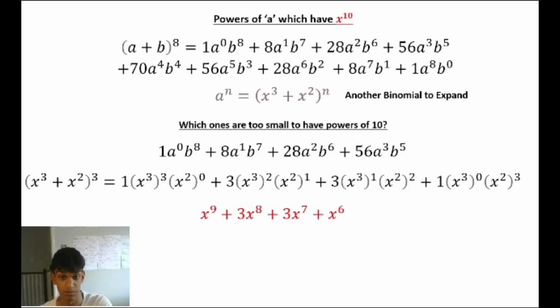It's because the maximum power will be x cubed cubed, which is x to the 9, where the minimum power will always be x squared cubed. So the cubed is a reference to the n in a to the power of n, whilst x cubed and x squared are references to the parts of a. So you can see that on the screen there.